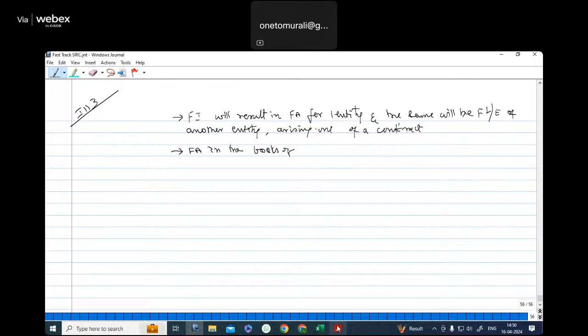So, therefore, the financial asset in the books of B shall be classified under amortized cost. That's it.